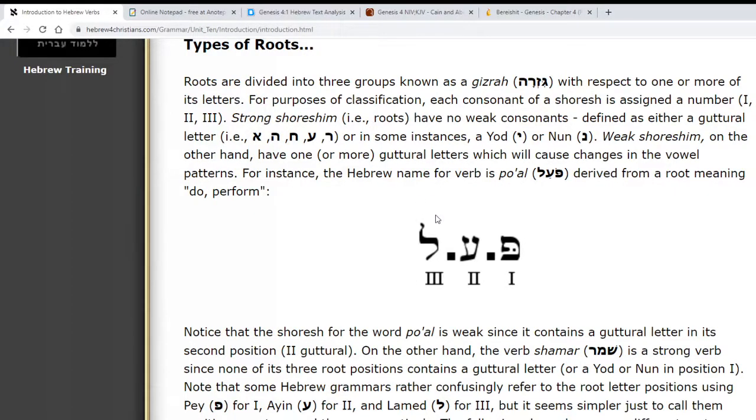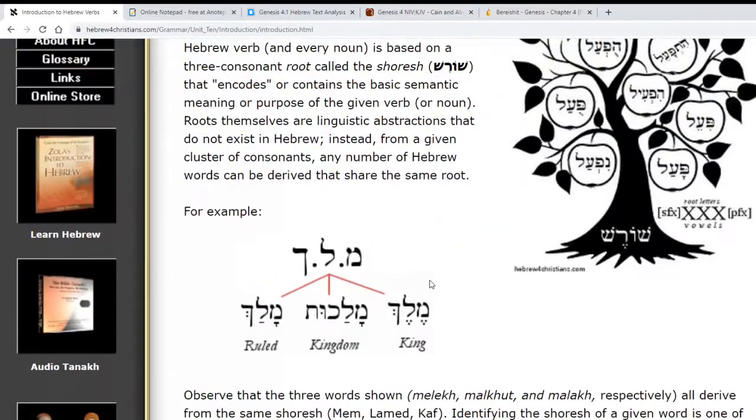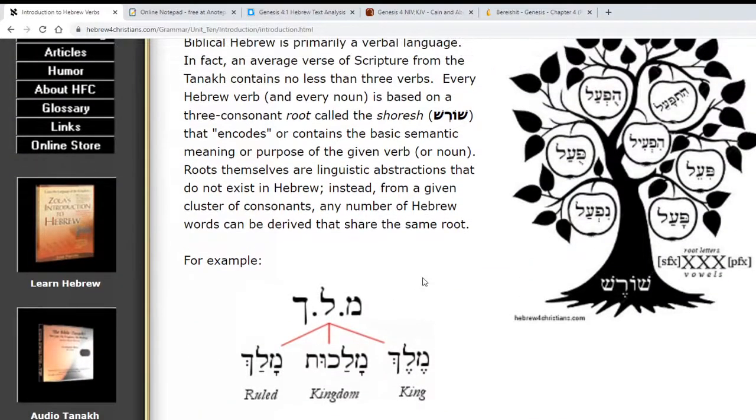Okay, so when I talk about a root, for example, let's say we're talking about the word melech or malchut, right? So the pe hapoal, the first letter of the root, is the mem. The second letter, the ayin hapoal, is the lamed, and the lamed hapoal is chaf.